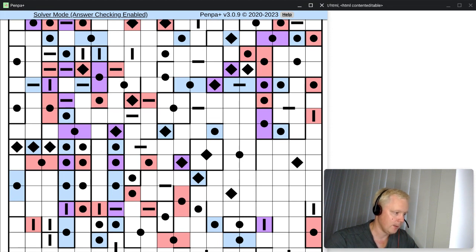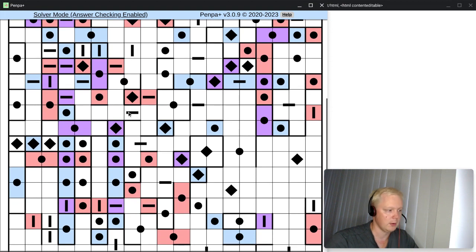Now then, is this cell hard to fill? It can't be part of this horizontal line because the counterpart would be here. Counterpart of this would be here, and it can't be part of this horizontal line because there's already a wall there. So it has to be part of this. So this horizontal line has to take both of these. So separate this, which means there's a wall there.